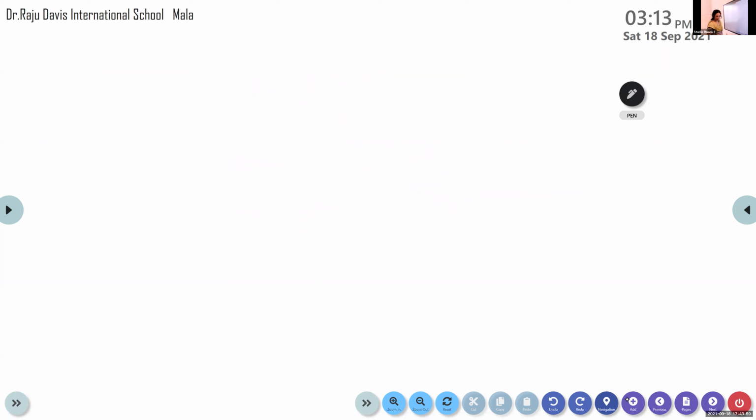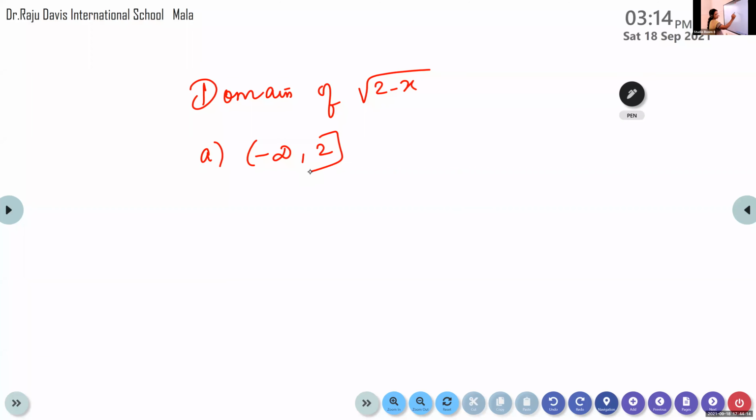Next one. Give the domain of root of 2 minus x. Option A is minus infinity to closed 2, option B is open 2 to infinity, option C is minus infinity to infinity, option D is none of these.